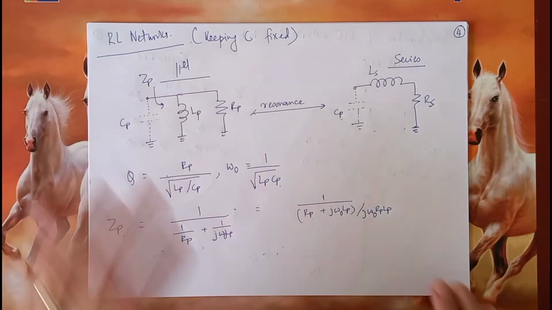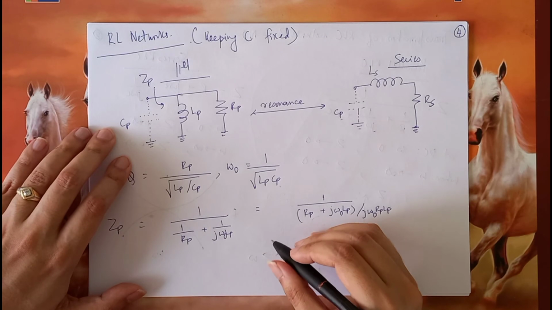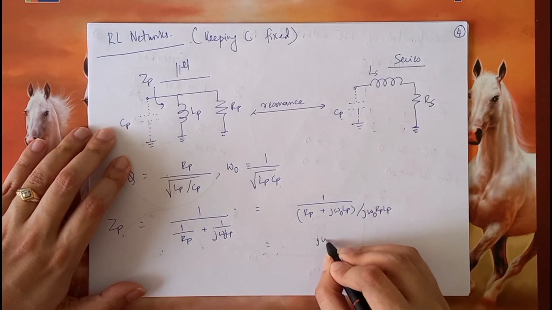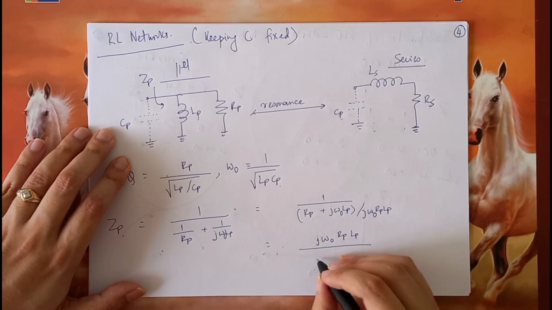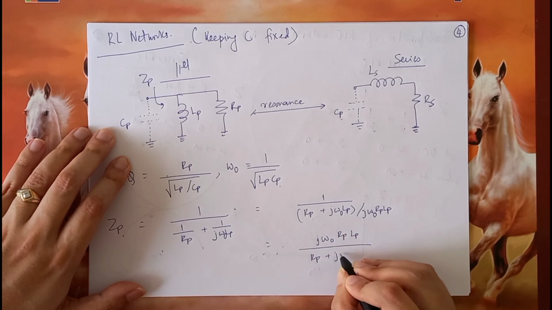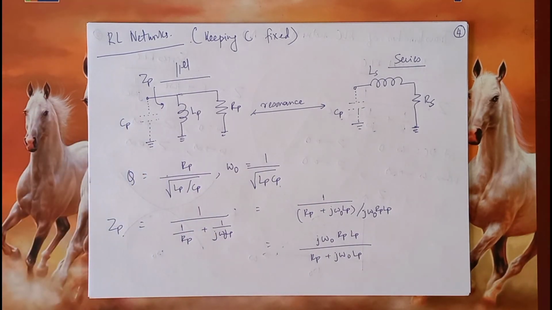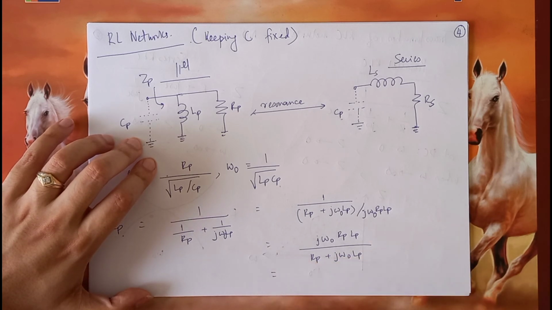We are doing the arithmetic at resonance. So this is what it would look like, where the numerator would go something like this. To split this up as an algebraic sum of a real and an imaginary number, one thing that we can do is rationalize this.